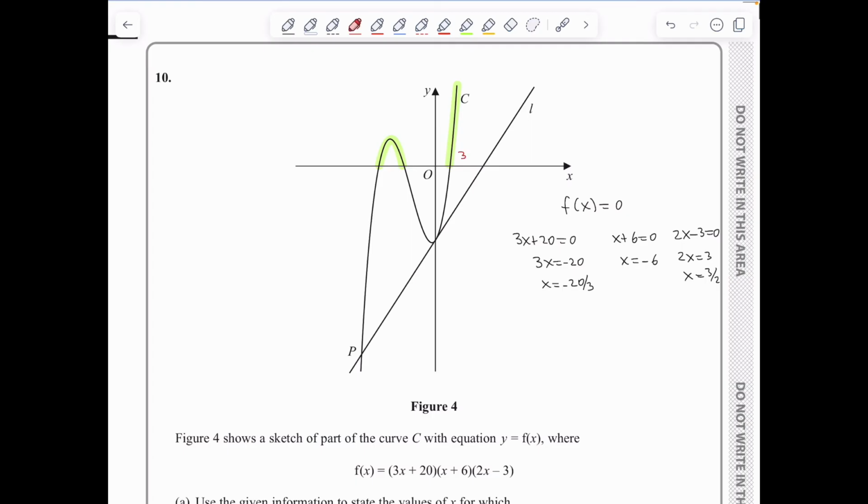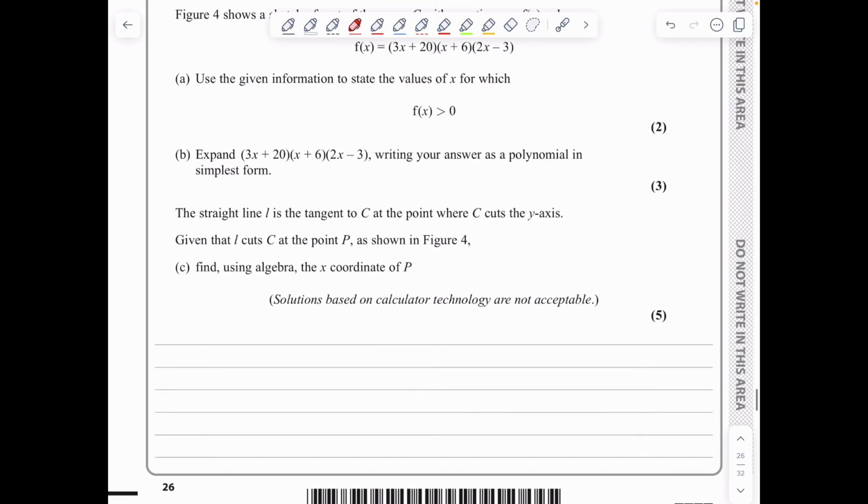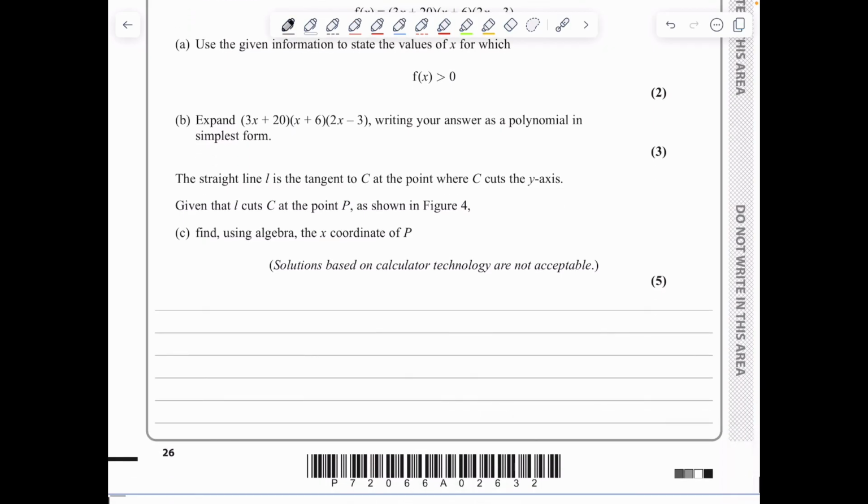So the cut on the positive x-axis is 3 over 2, and on the negative x-axis it's minus 20 over 3 and negative 6. So we see that f of x is greater than 0 if x is between minus 20 over 3 and negative 6. So minus 20 over 3 less than x less than negative 6, or when x is greater than 3 over 2.